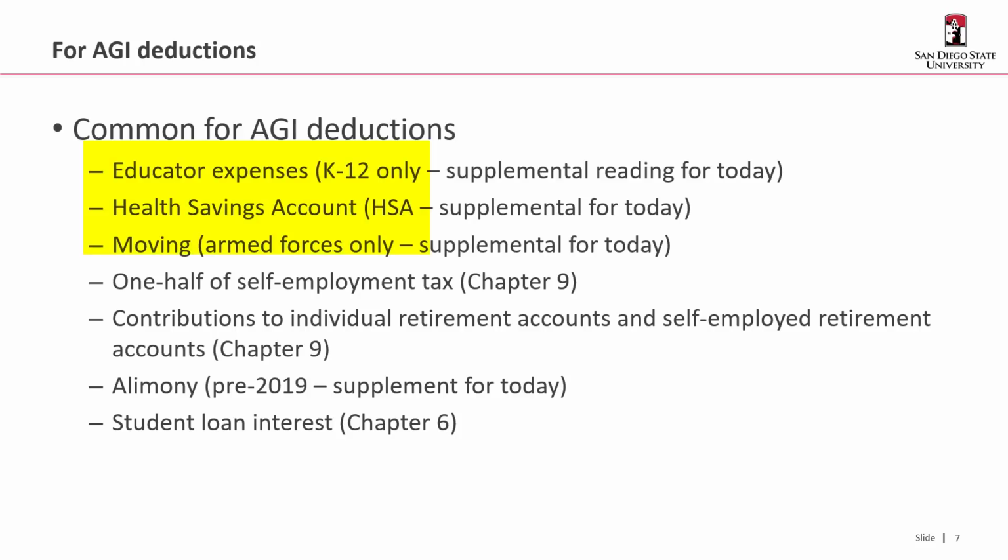So educator expenses, health savings accounts, moving costs, we're going to cover those today. Later on, we'll cover 1/2 of self-employment tax. We'll talk about contributions to IRAs for individuals and self-employment retired contributions. We'll talk about alimony today, and then we'll defer student loan interest until we get to Chapter 6.